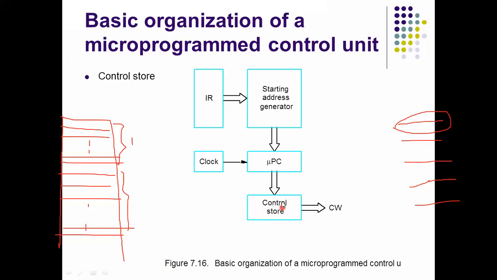You understand the purpose of the microprogram counter: it is incremented by the clock, causing successive micro instructions to be read from the control store. Hence, the control signals are delivered to various parts of the processor in the correct sequence.